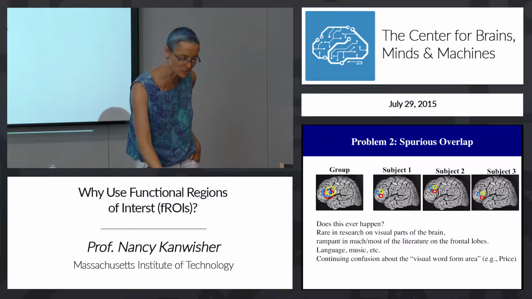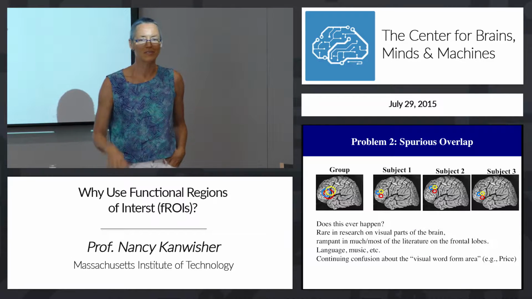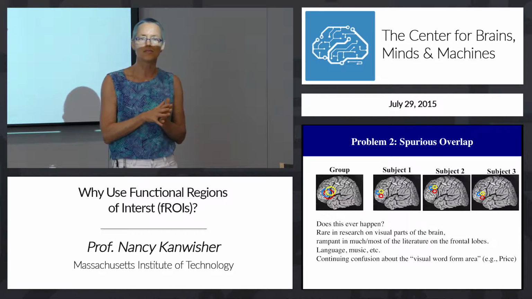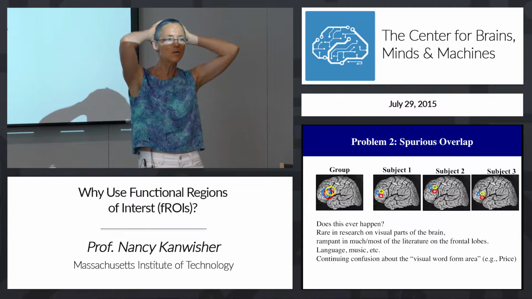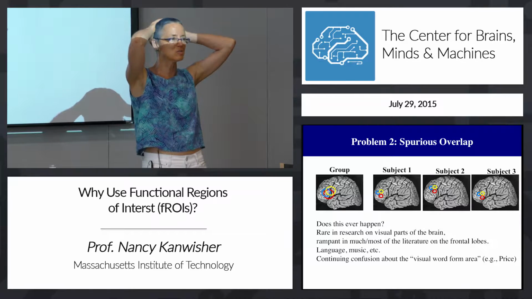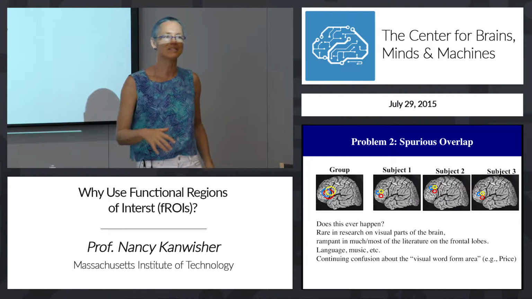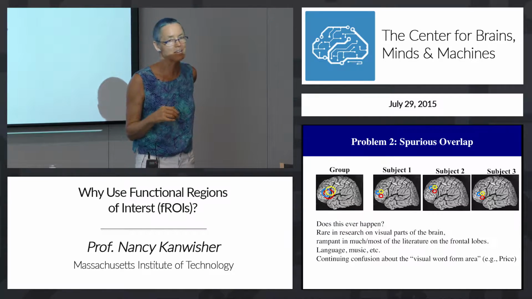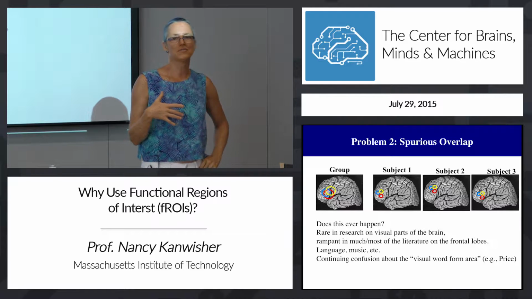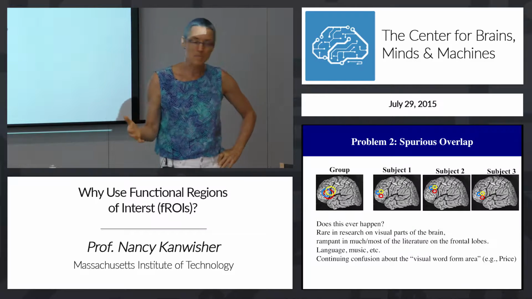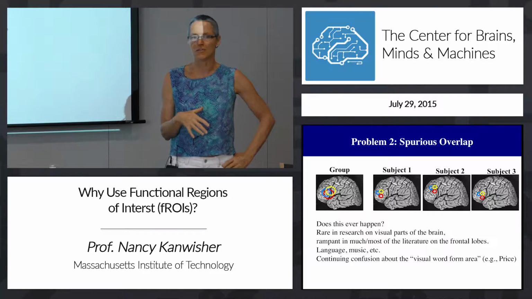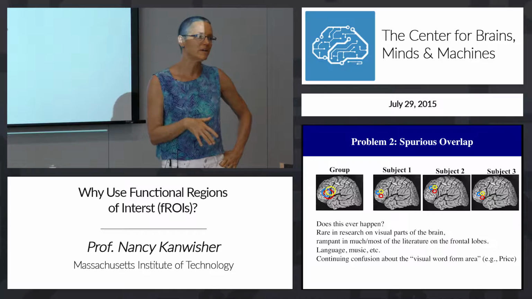And that happens too. This kind of mistake of claiming that things overlap when they don't is rare in people who study visual cortex, basically the whole back third of the brain, where there's a much more, I would say, serious approach to data analysis based, I think, in part on the fact that from the first days of functional MRI studies of visual cortex, people had lots of information to work on from prior neurophysiology work in monkey brains.